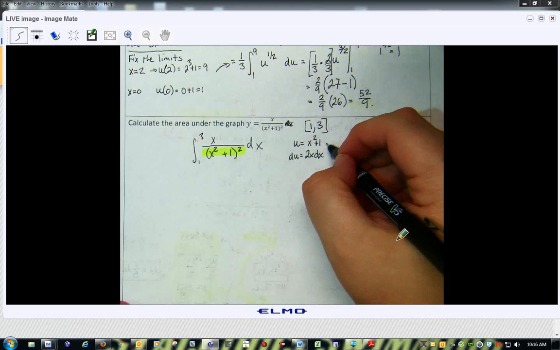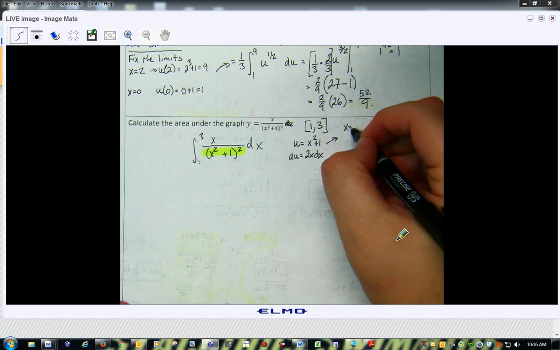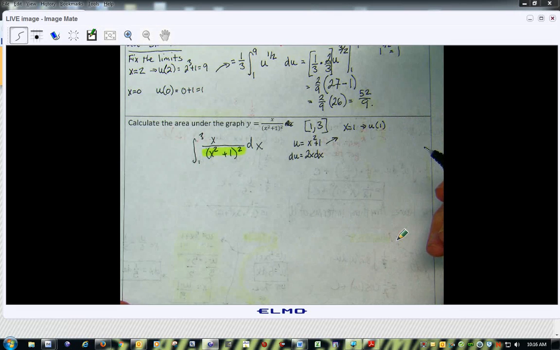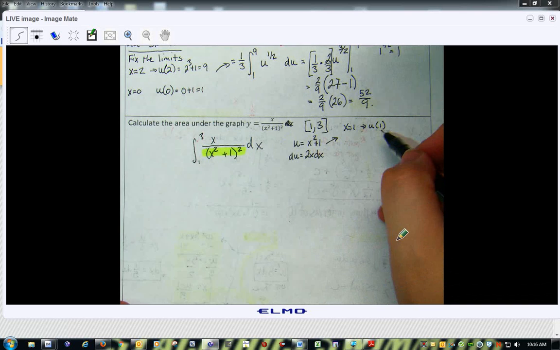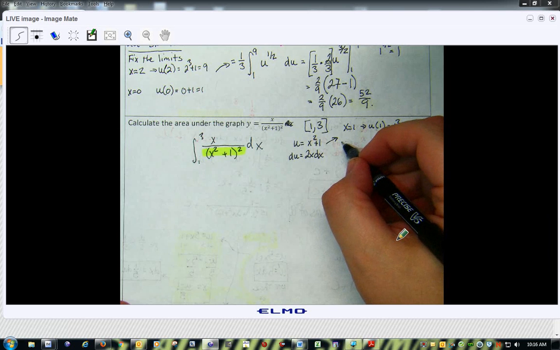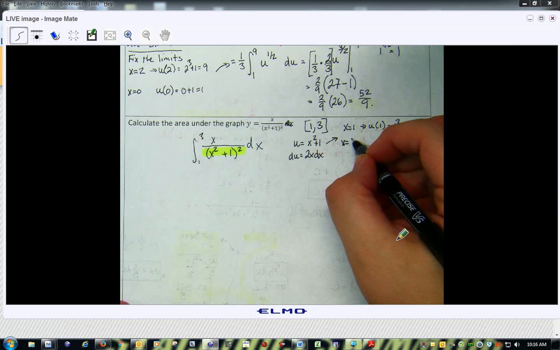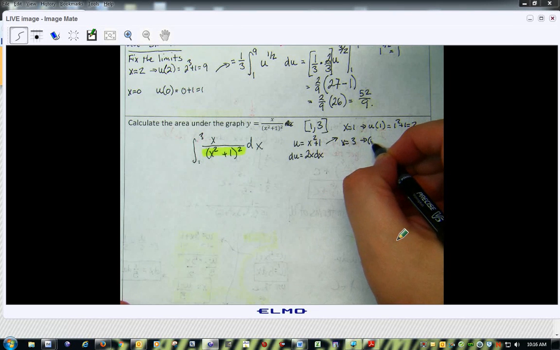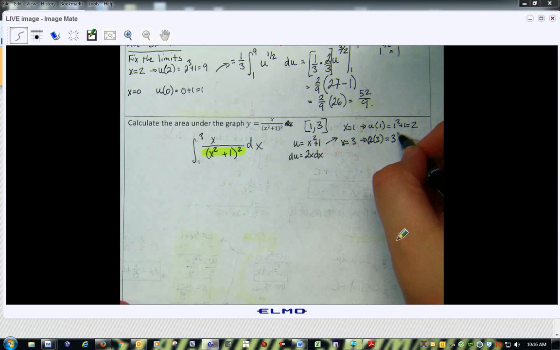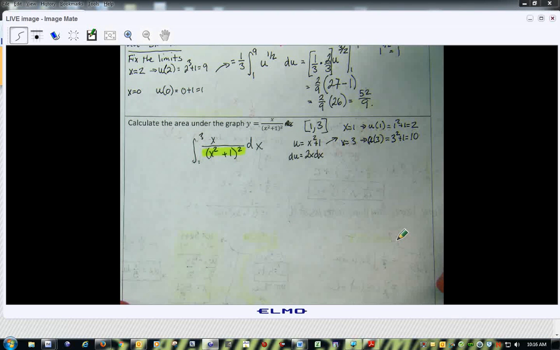Now, from here, if I know x equals 1, I want u of 1, which would be 1 squared plus 1, which is 2. And if I know x is equal to 3, I want u of 3, which would be 3 squared plus 1, which is 10.